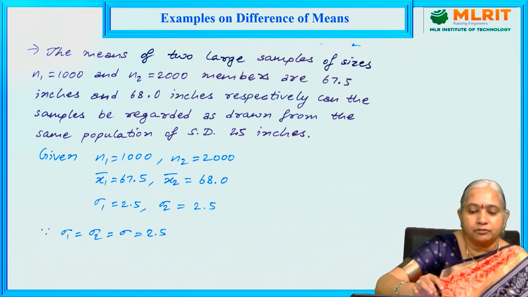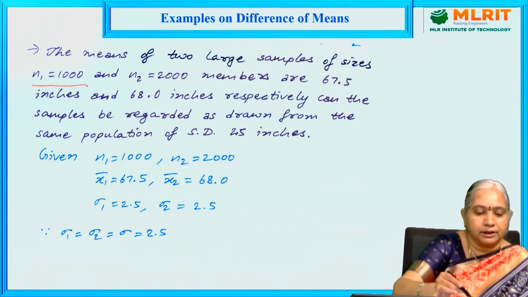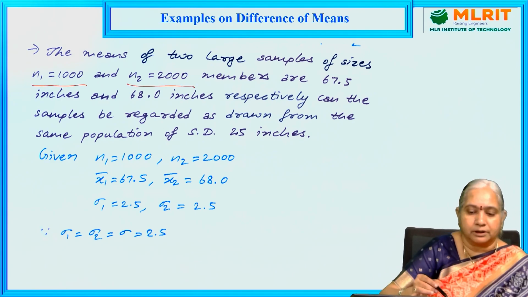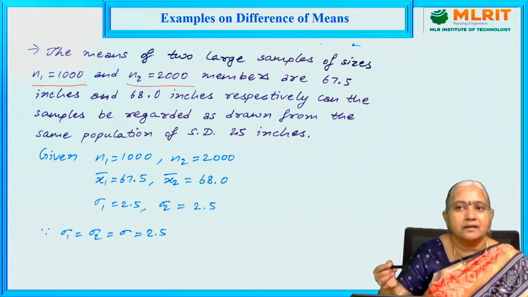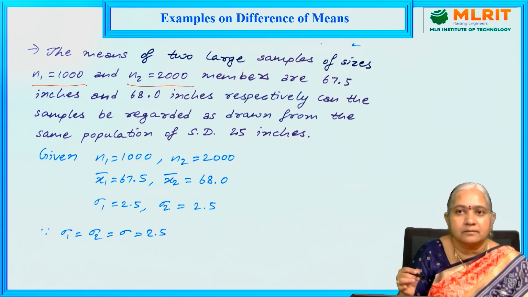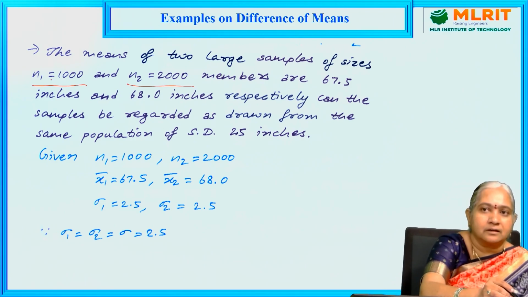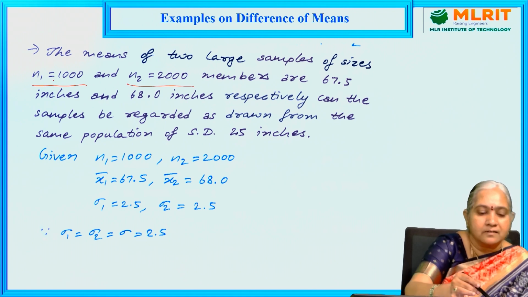The means of two large samples of sizes n1 equal to 1000 and n2 equal to 2000. So clearly it is given that there are two samples. Two samples means we apply the difference of means formula. The size of the first sample is denoted by n1 and the size of the second sample by n2.